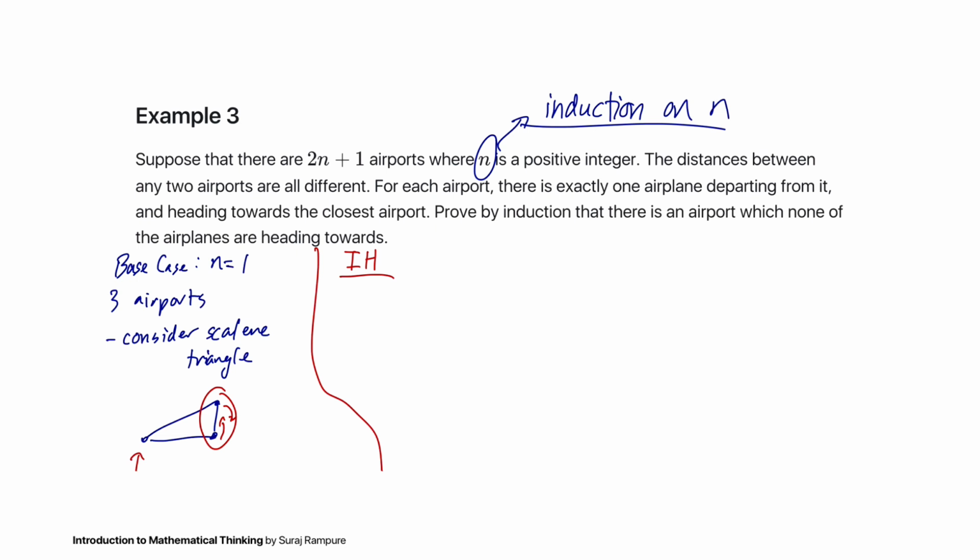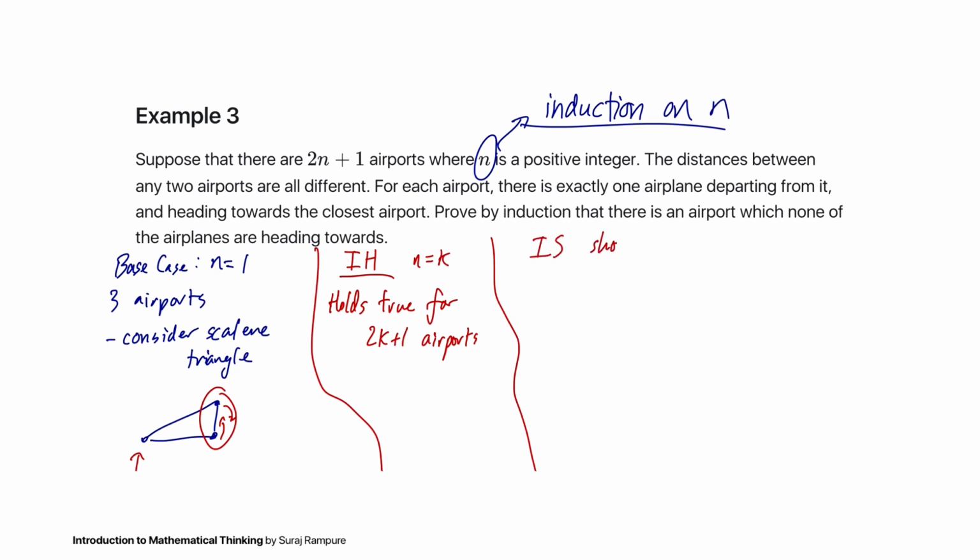Any ideas? Well, we're going to assume this holds true for n is equal to k, so it holds true for 2k plus 1 airports. Okay? And now what's my induction step?